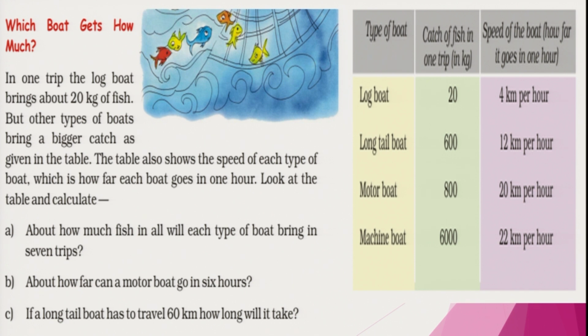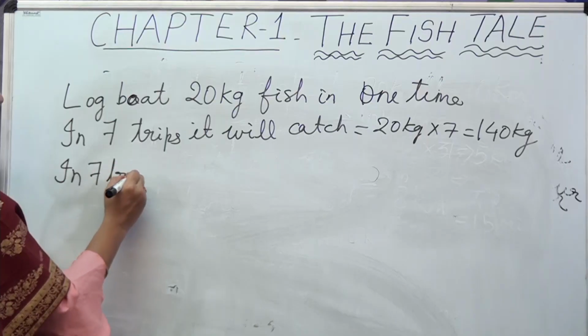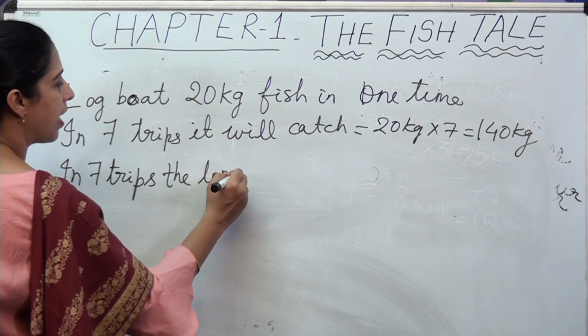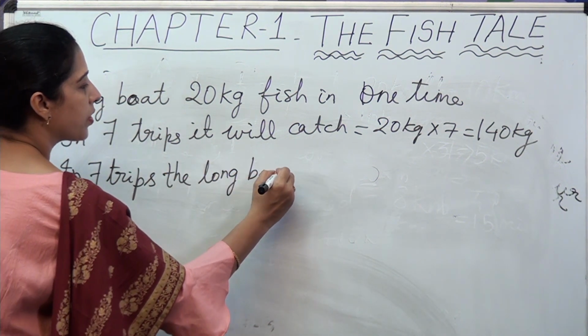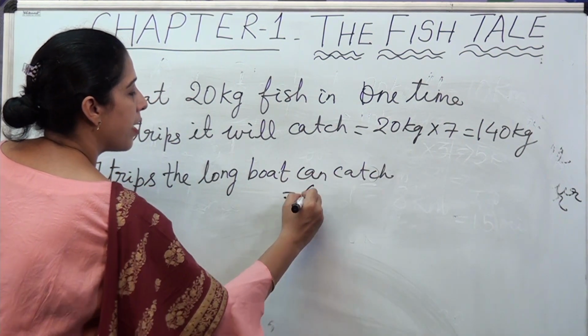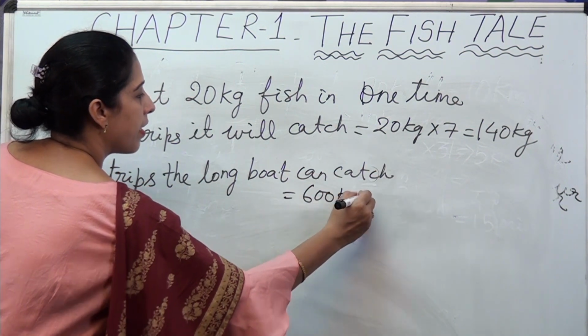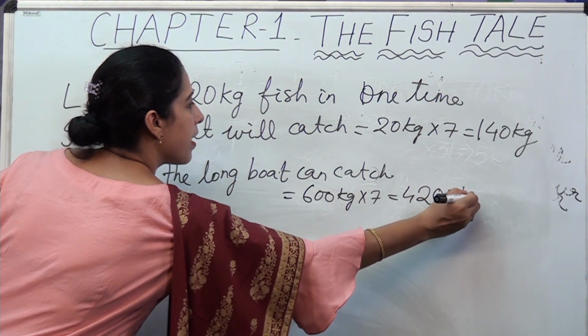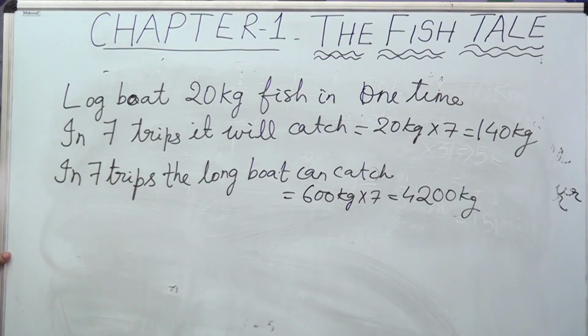Similarly, the long tail boat can catch 600 kg at one point of time. So in 7 trips, the long tail boat can catch 600 kg into 7. That is a huge number, 4,200 kg of fish.